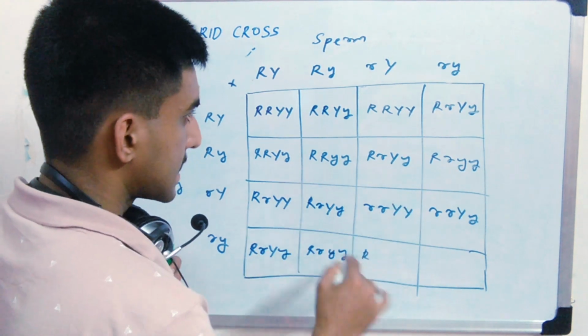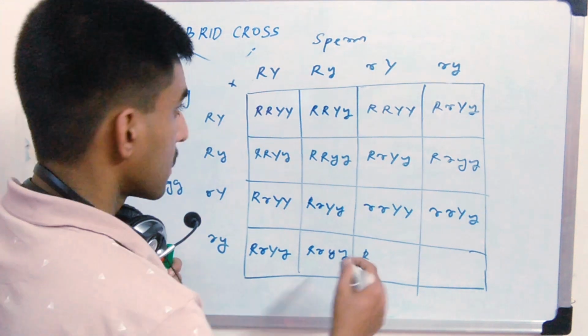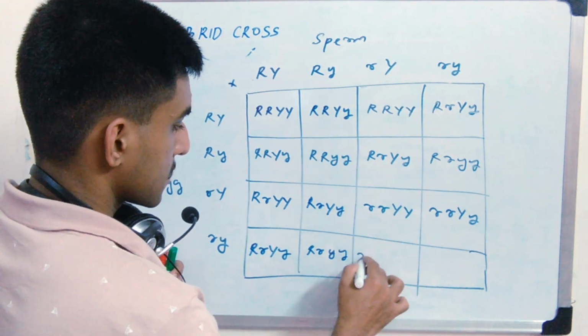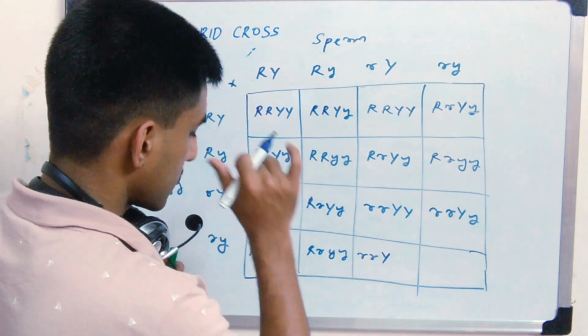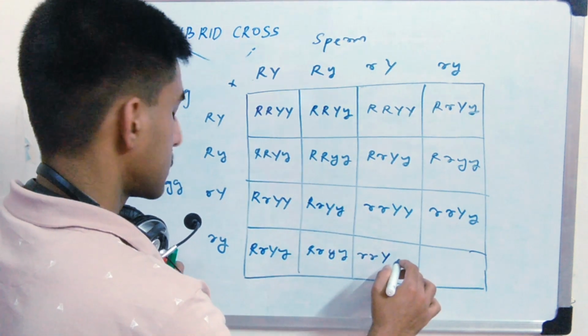So here 16 gametes will be formed. It is not actually type, I think I have said it as type, right? It is actually the number of gametes. We will see how many types of phenotype and genotype will be formed.